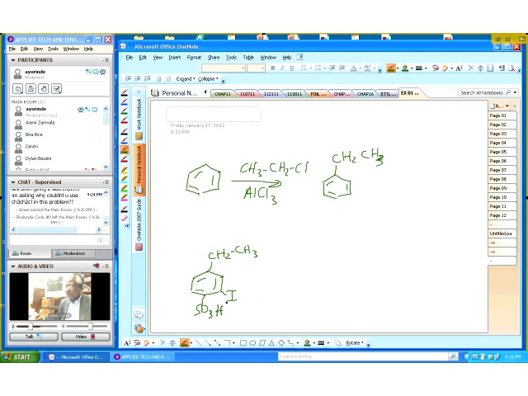Now, if you start with this, there is no way you will be able to introduce the iodine, because this is an ortho-para director. If you do this iodination in the presence of copper(II) chloride, the iodine will go to the para position.